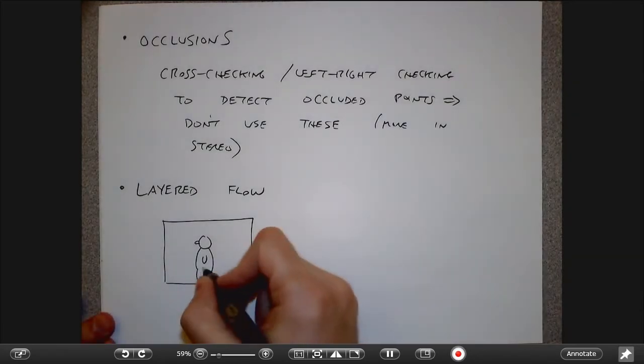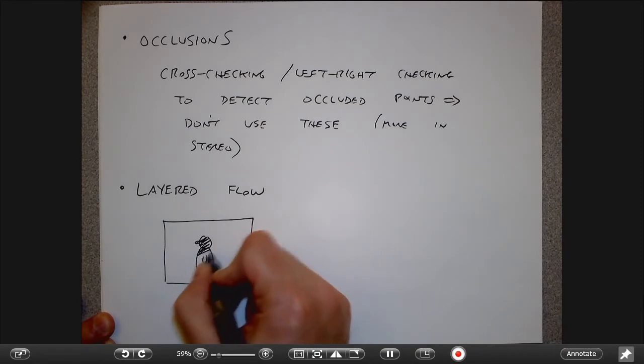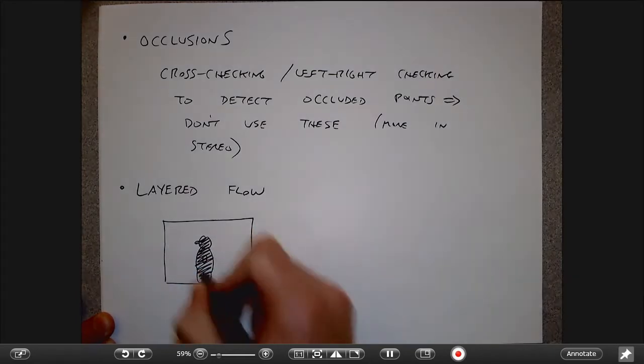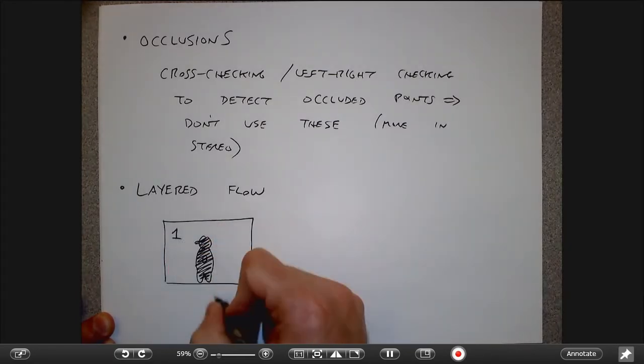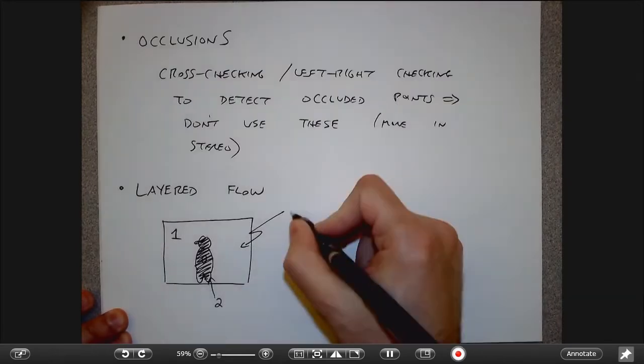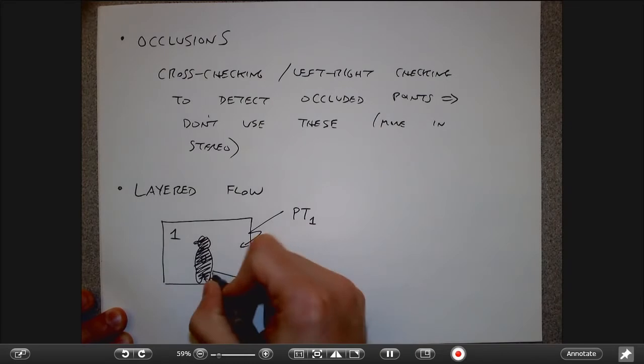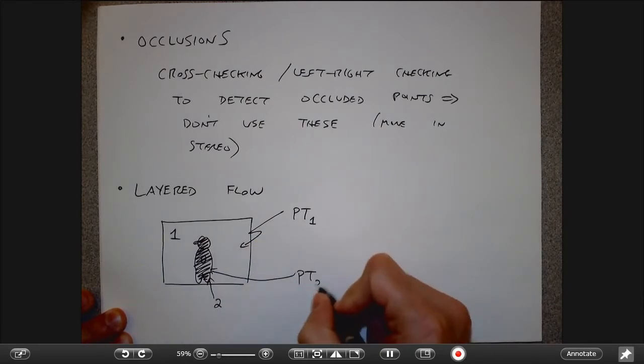So what I could do is segment out this foreground, and call the background layer 1 and the foreground layer 2, and then within each layer, I could maybe get away with estimating a parametric transformation. For example, I'm going to estimate a projective transformation for layer 1, and a projective transformation for layer 2.